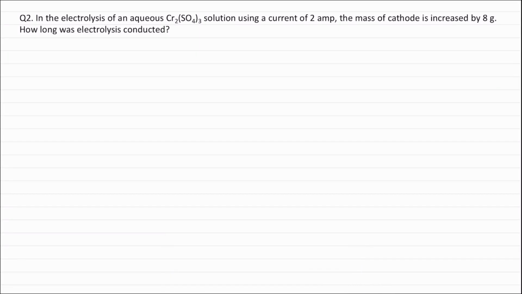Question 2. In the electrolysis of an aqueous chromium sulfate solution using a current of 2 ampere, the mass of cathode is increased by 8 gram. How long was the electrolysis conducted? Now, during electrolysis, this chromium sulfate will break into chromium ions and sulfate ions.